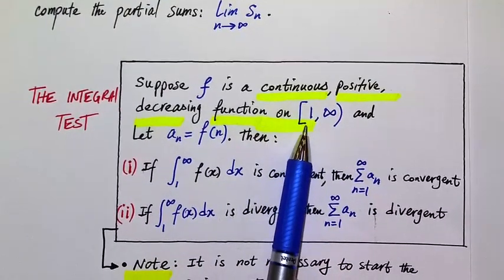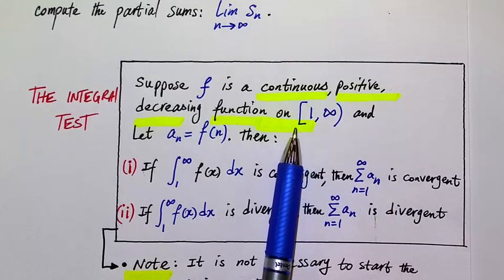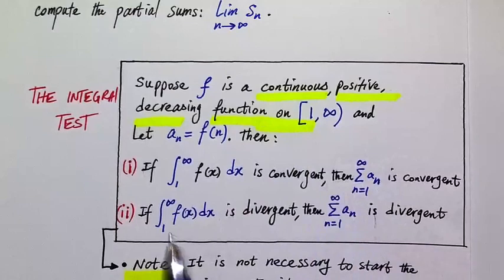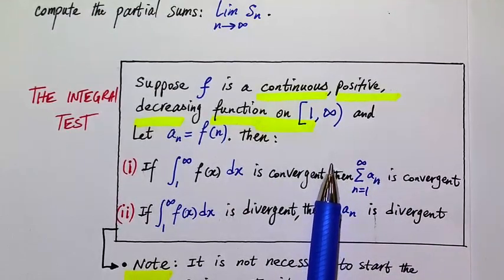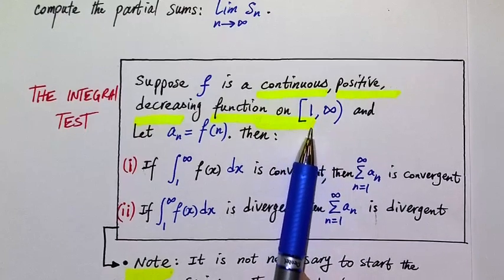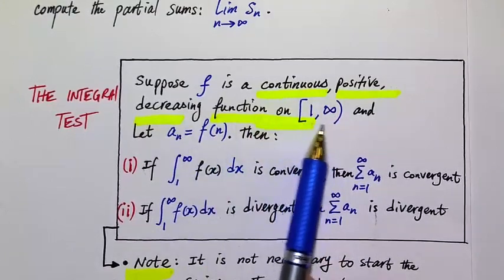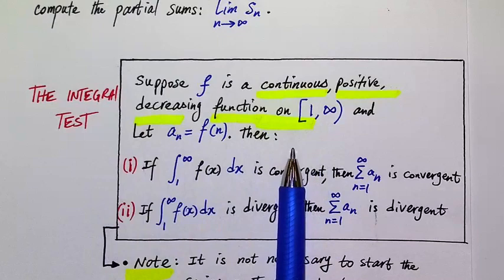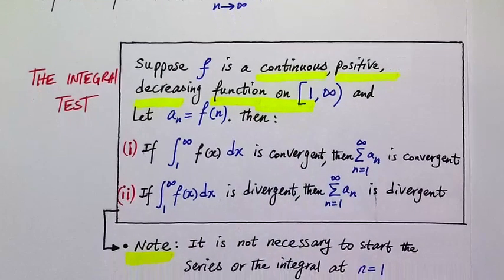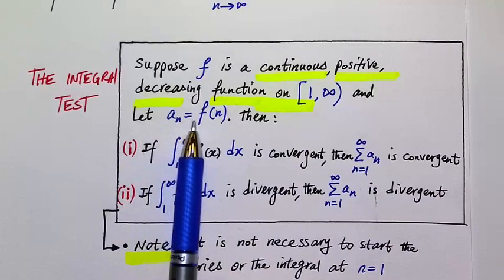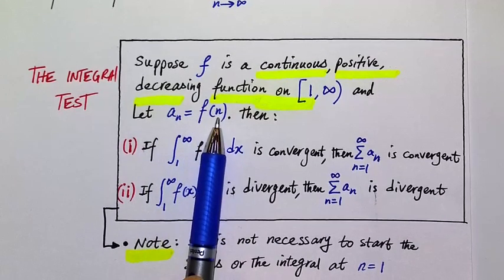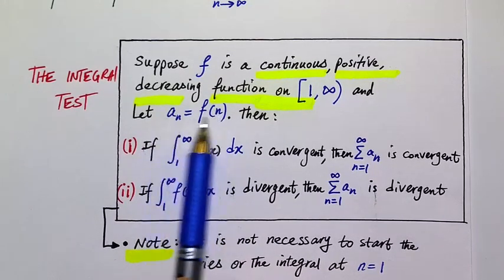Notice this interval is the same interval where a series is usually investigated or drawn out, right? We take n from 1 to infinity. So that's why we care about these conditions over this interval and not other intervals. So let a sequence represent a function at n, or vice versa.